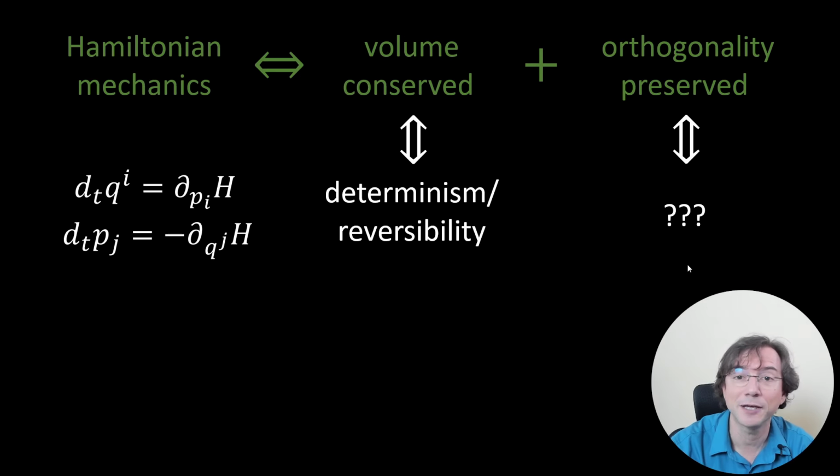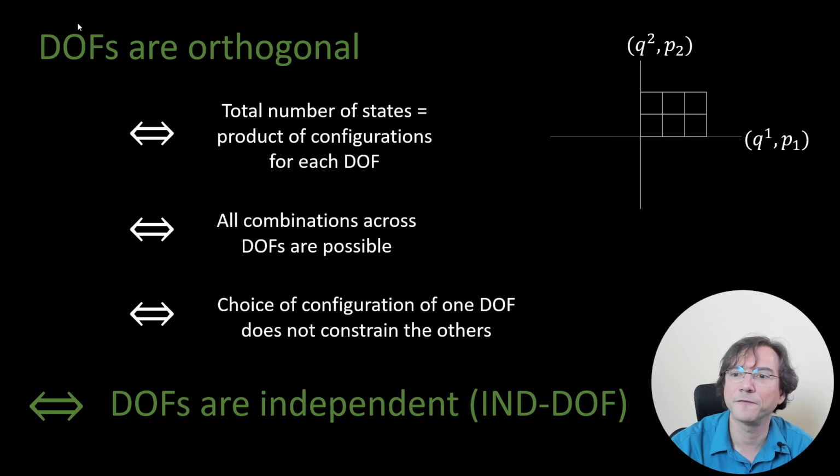But what does it mean that the degrees of freedom are orthogonal? Well, let's think about it. If the degrees of freedom are orthogonal, the total number of states is just the product of the configurations of each degree of freedom. And so all the combinations across the degrees of freedom are allowed. We can take any value here, and any value here, and we have the state of the whole system.